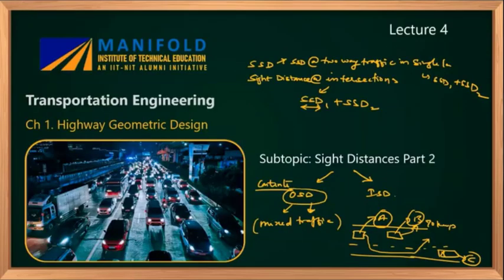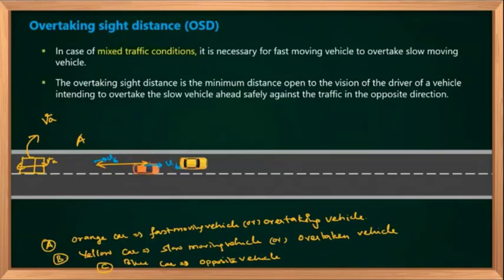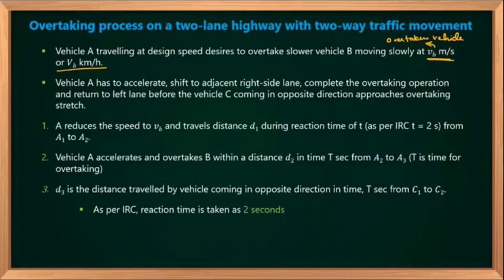Because it is moving at a speed of VB only for a certain distance, and that distance is taken as D1. That is, A reduces the speed to VB and travels distance D1 during reaction time of small t. Here in OSD, reaction time is taken as 2 seconds. It is not similar to SSD, as I mentioned earlier.